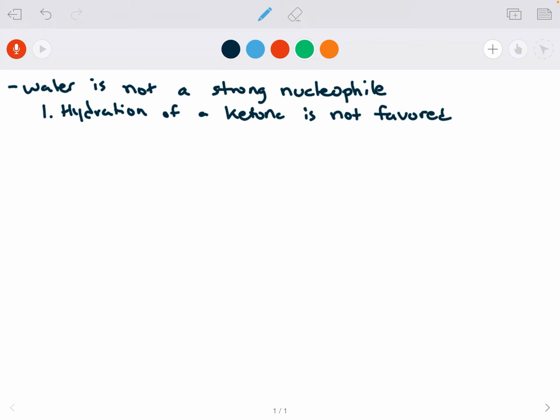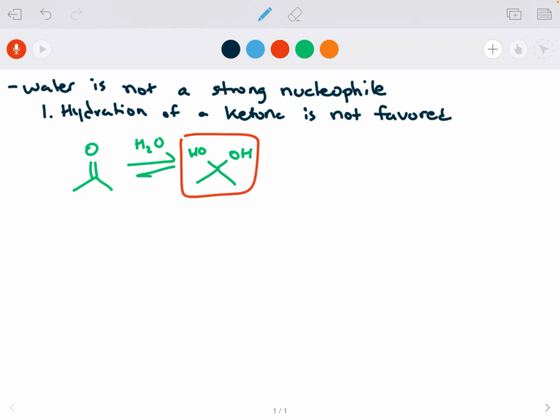So if I were to try to react water with a ketone, say a simple ketone here, acetone, react it with water, and this would be my hydrate. So this product here is called a hydrate. In this reaction, you're looking at greater than 99% with the ketone. So the reaction strongly favors just keeping the ketone.